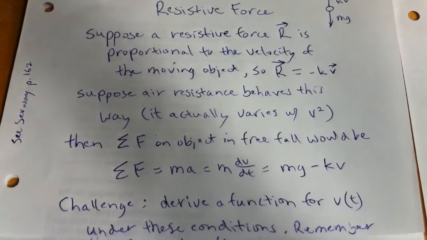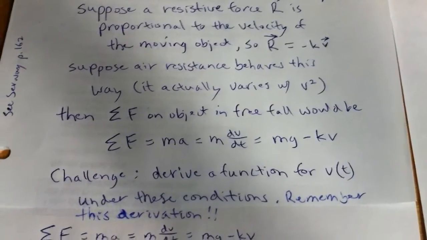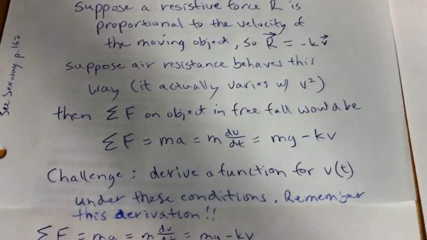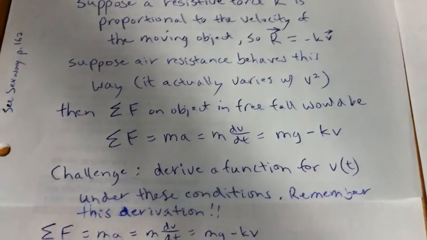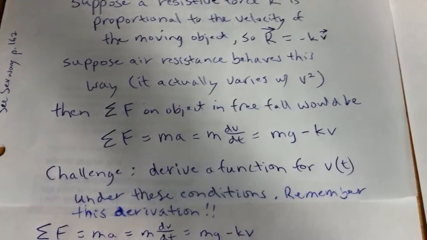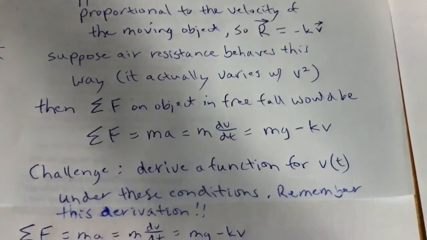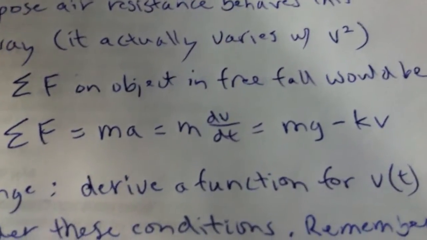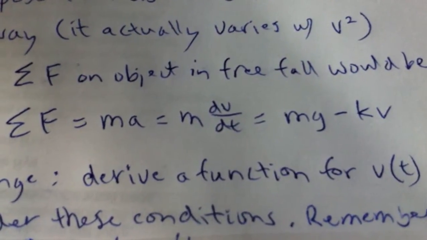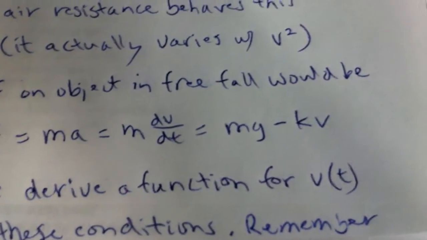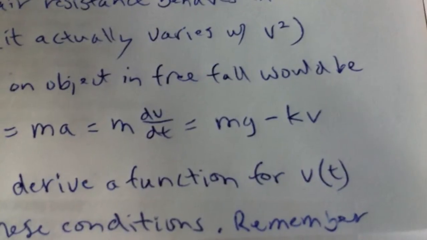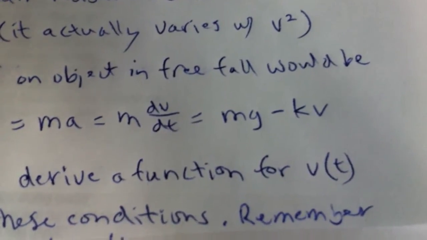Well then we can say the summary of the forces on this object, which are equal to ma under Newton's second law, and also equal to m dv/dt under our calculus view of what acceleration is. The summary of forces then, m dv/dt equals mg, the force of gravity, minus kv, this resistive force.